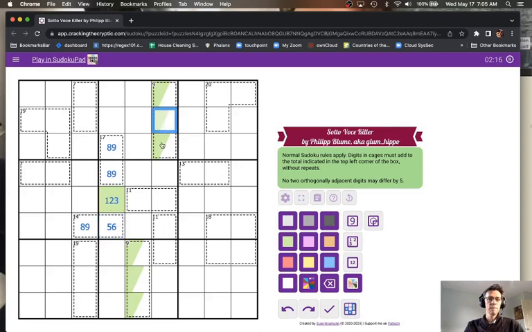Because if there's a 5 here, we know there's no 5 here. If there's a 6 here, we know there's no 6 here. That 6 would put a 6 here, eliminating 6. But we also know that there's a 5 here or a 5 here, right? And if there's a 5 here, it can't be here, so it would be here. If there's a 5 here, it can't be here, so it would be here.